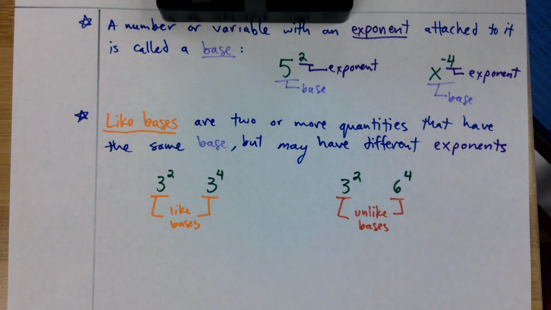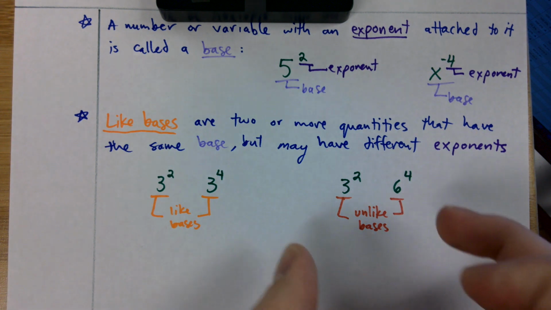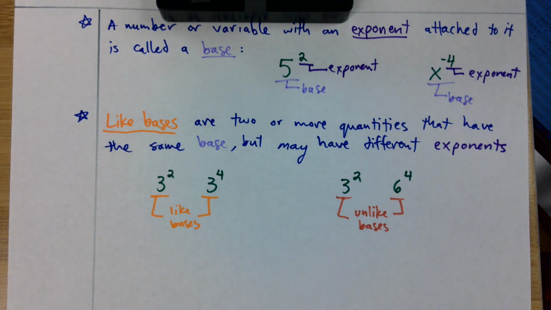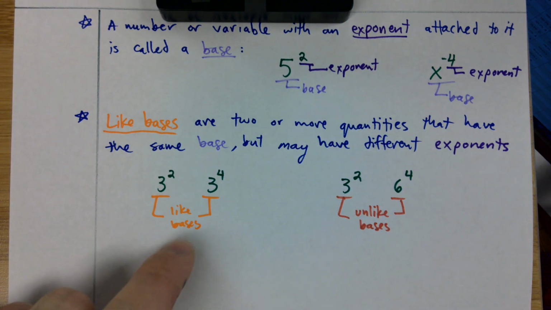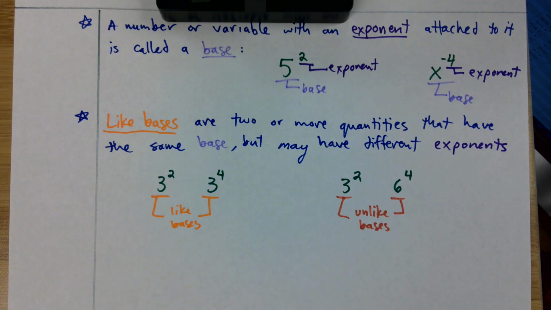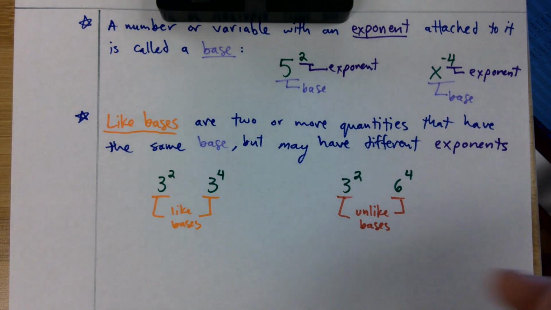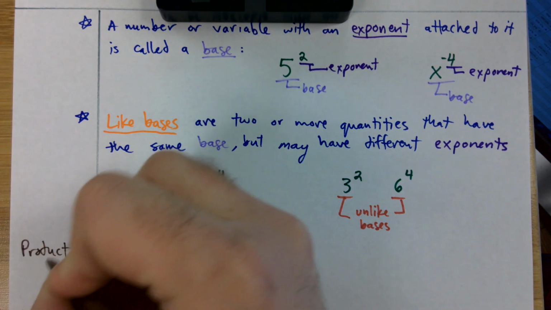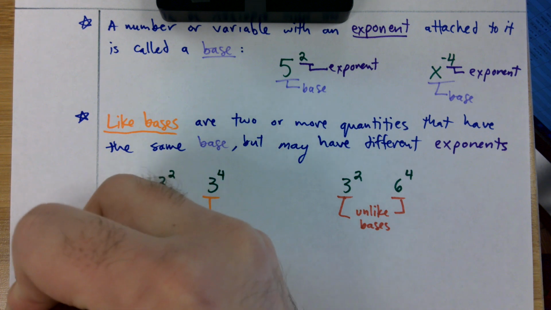And the reason why it's important to understand what like bases are is because for the next maybe 4 or 5 lessons, we're exclusively going to be working with like bases. Okay, all of these rules that we're going to talk about, the product rule today, you need to have like bases in order to do the product rule. So let's find out what exactly is the product rule.